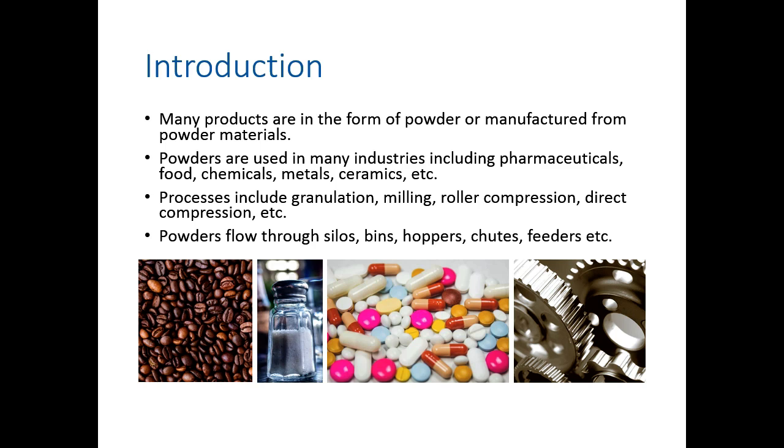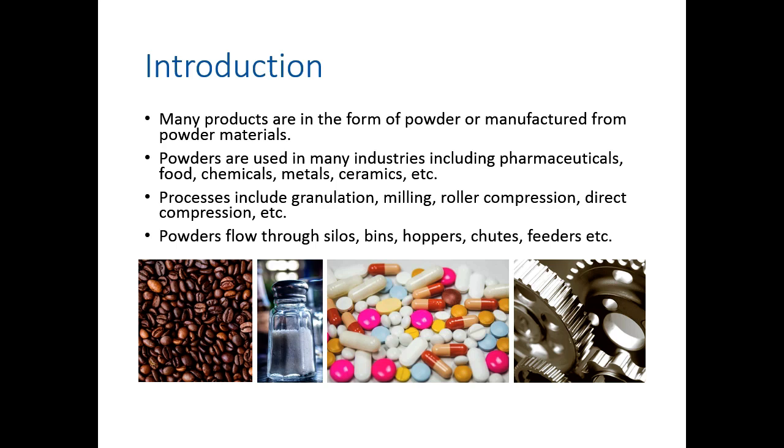Also, we use powders to manufacture pharmaceutical tablets or some components that we use in equipment such as cars, for example, gears. And in the range of industries that we have, we use several different processes such as the granulation process, milling, roller compaction or direct compression in order to manufacture the products from the powders.